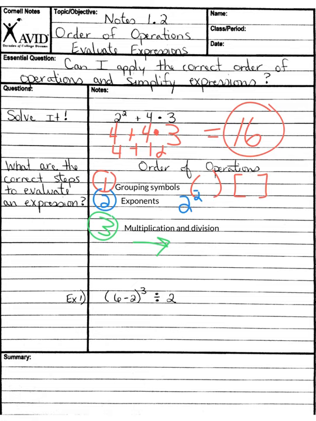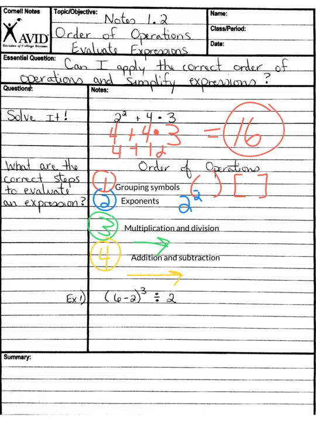If division comes before multiplication, you take care of division first. And then our next step and our final step after we take care of that would be to take care of our addition and subtraction. And again, this is also something that we want to take care of from left to right.